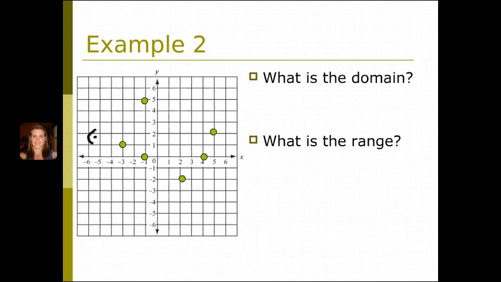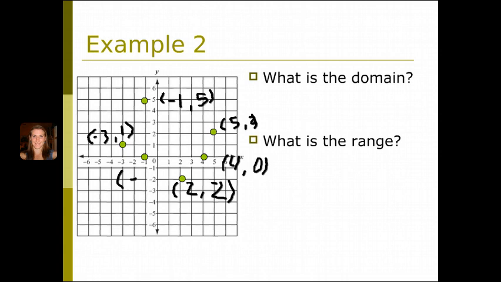Our first one is (-3, 1), (-1, 5), (5, 2), (4, 0), (2, -2), and (-1, 0).